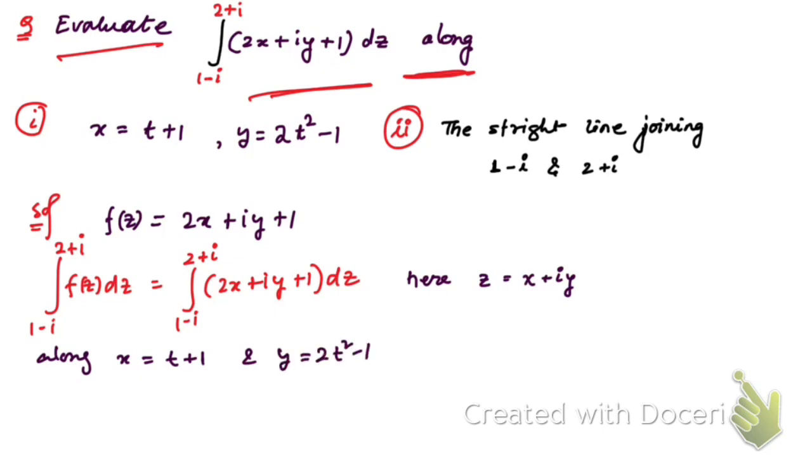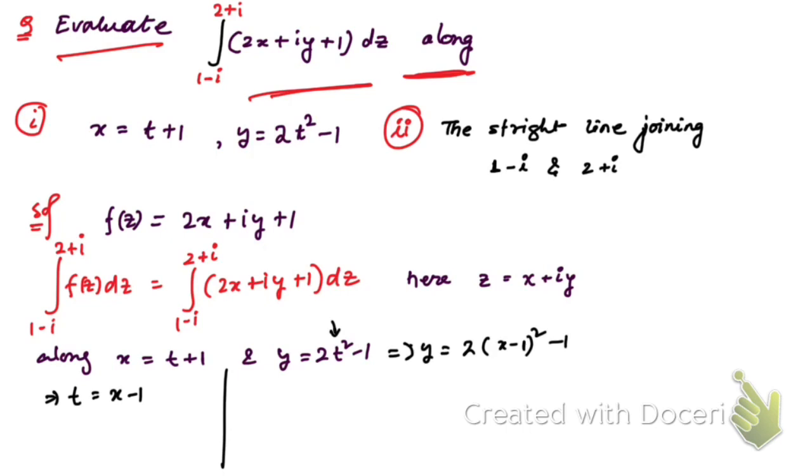So here you see, t is equal to x minus 1, right? If that is the case, then if you put the value of t here, you're going to have y is equal to 2 into (x minus 1) whole squared minus 1.